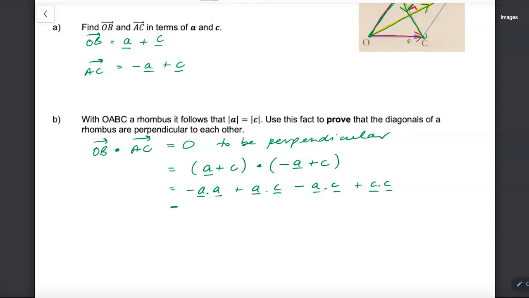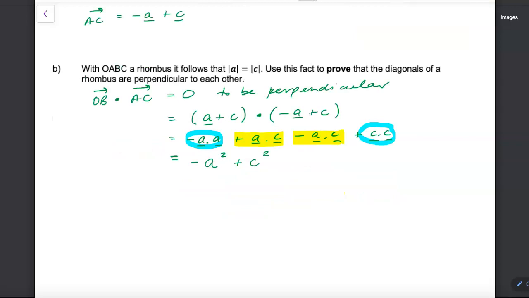Going through with the properties that we know exist, we've got our first one here. This will be worth negative |A| squared as a scalar. Plus A dot product with C, take A dot product with C, so we know that they're going to cancel. And then we've got vector C dot product with vector C, which we know is going to come out with a scalar of |C| squared.